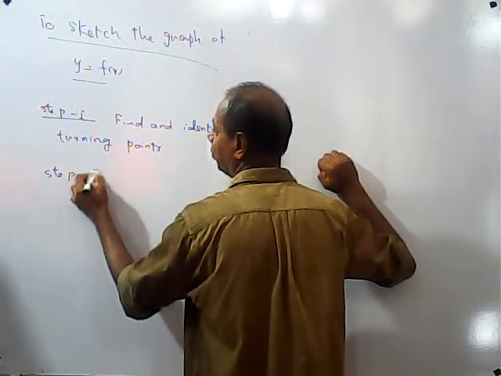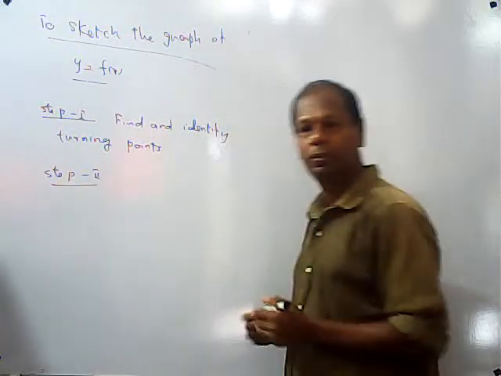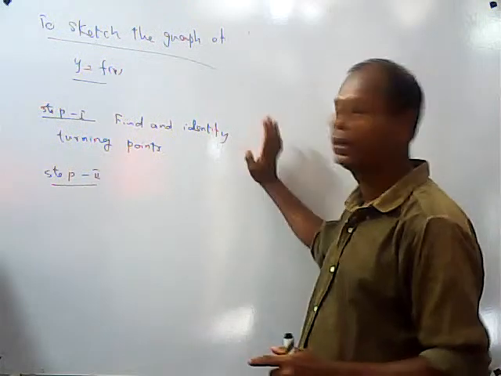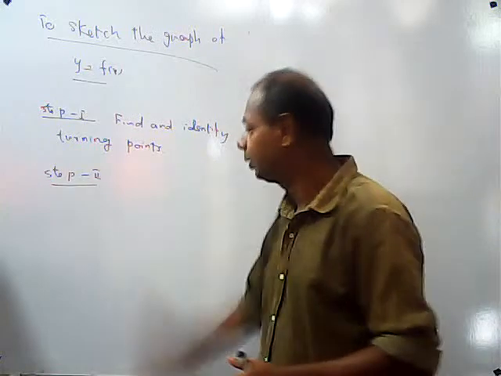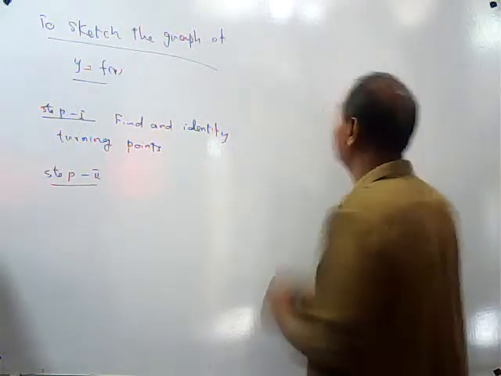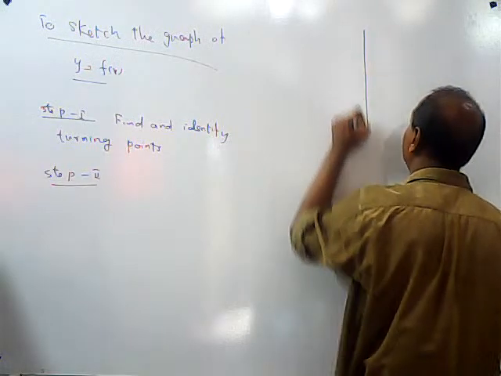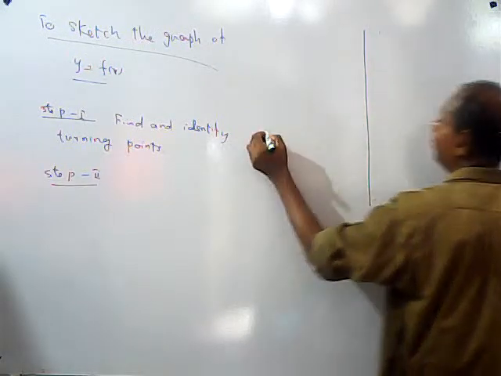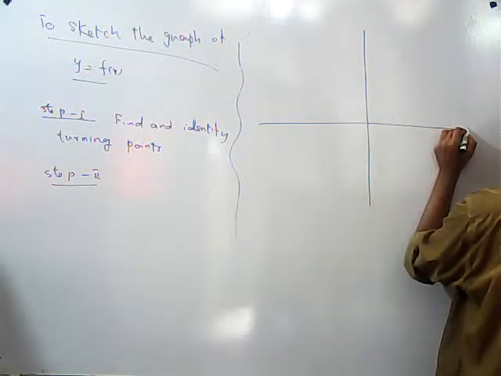Step 2: after finding turning points fully, you draw the Cartesian plane and find a few details of the curve.